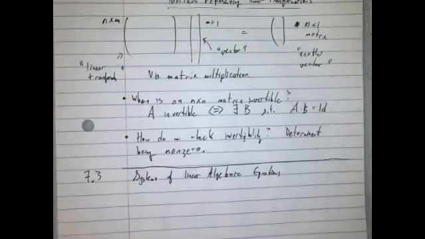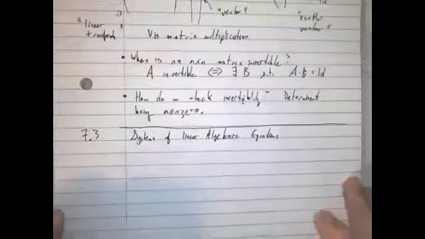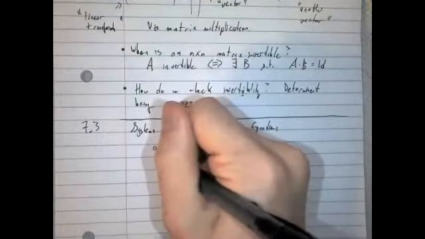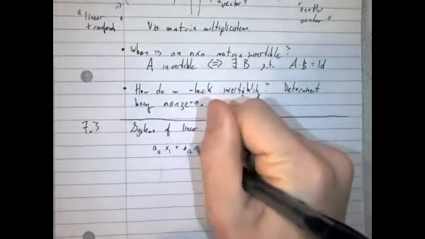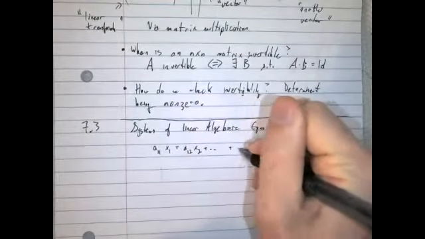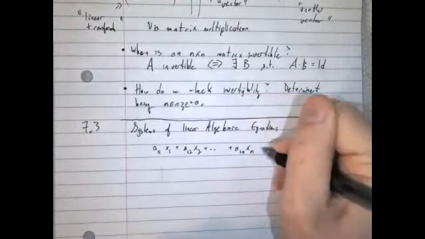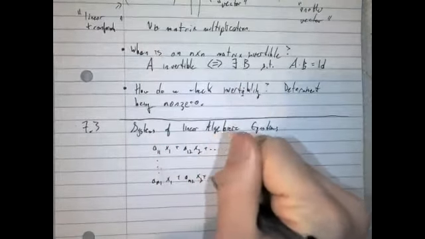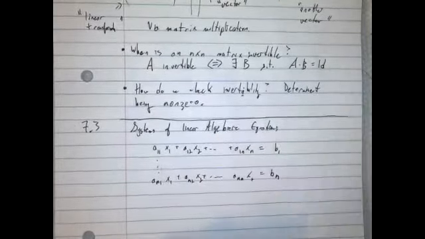Okay. So what we're going to write is the following. A system of linear algebraic equations looks exactly as follows. A11 of x1 plus A12 of x2 all the way up to plus A1n of xn is equal to B1, all the way down through An1 of x1 plus An2 of x2, all the way up through Ann of xn is going to be equal to Bn.